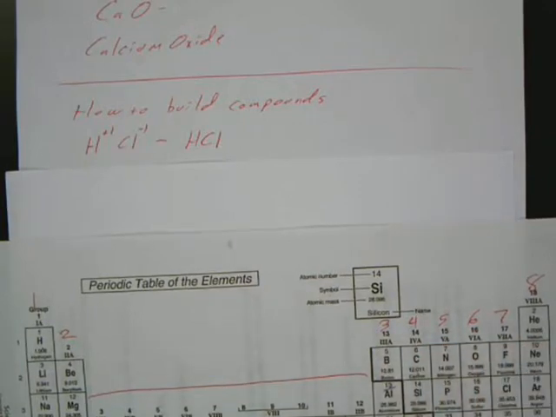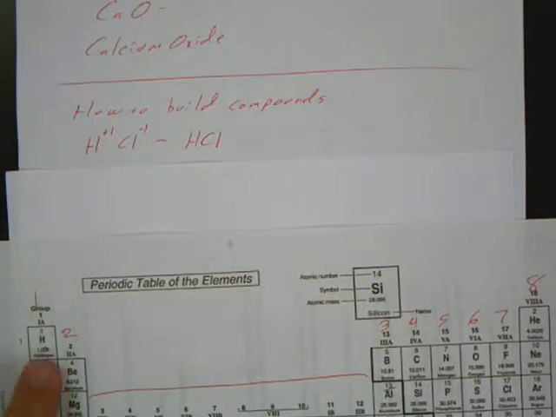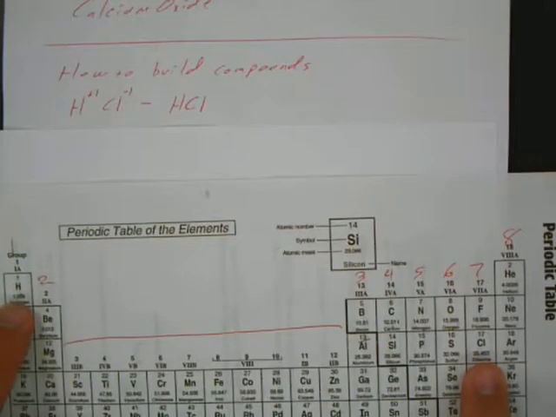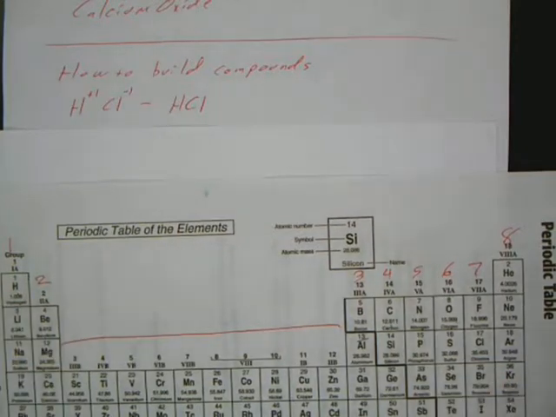So H is a 1 plus, chlorine is a 1 minus. If I put those together, a positive one and a negative one make what? Think math. They cancel out, so it goes to 0, which means it's neutral.